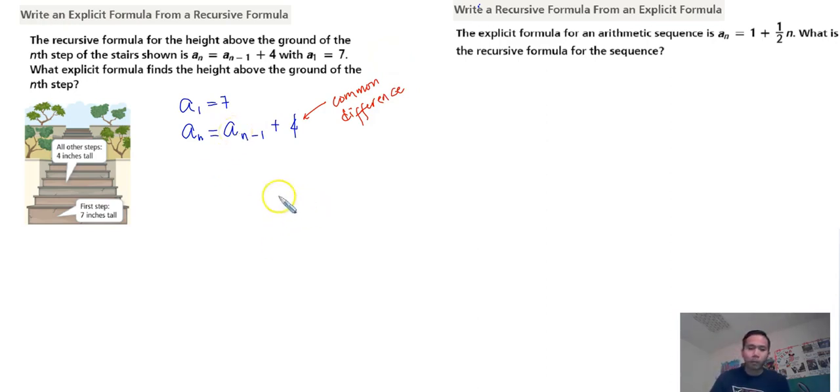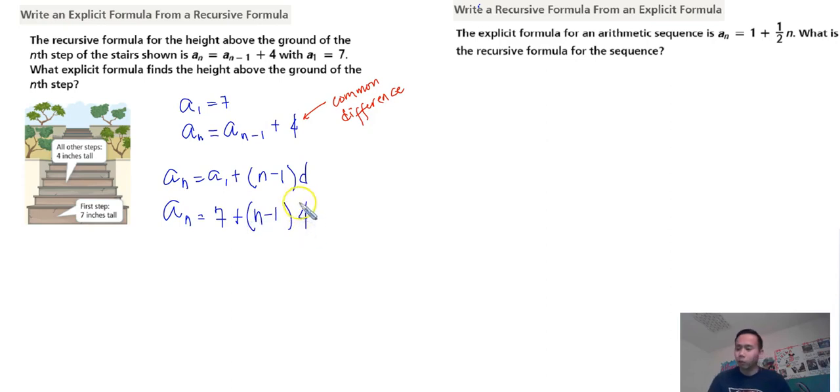So let's write an explicit formula. When we write an explicit formula, we have a sub n is equal to a sub 1, the first term, plus n minus 1, and then the common difference, which is 4.